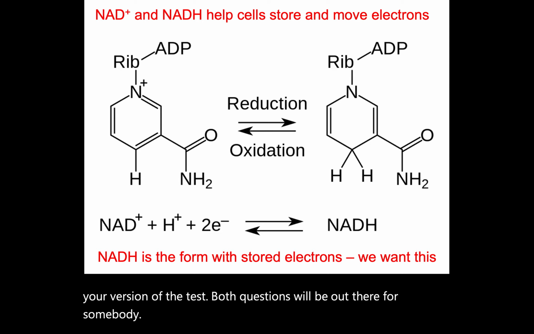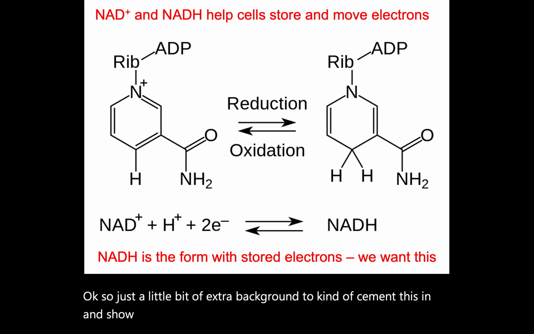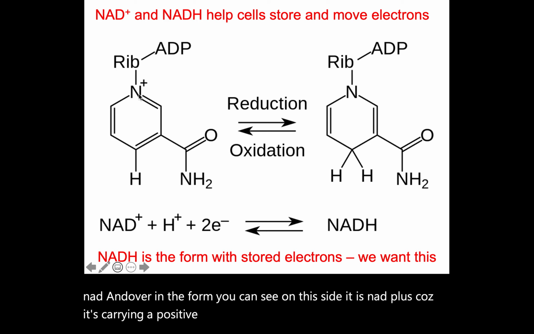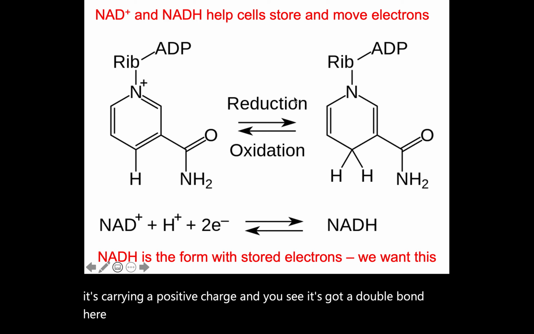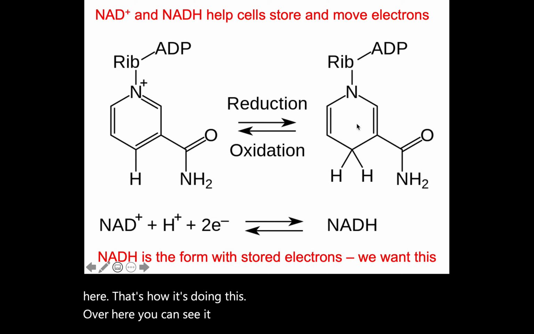Okay, so just a little bit of extra background to kind of cement this in and show you what's really going on there. So this is a molecule called NAD. And over in the form, you can see on this side, it is NAD plus because it's carrying a positive charge. And you see it's got a double bond here. That's how it's doing this. Over here, you can see it is just NADH, and it's picked up an extra hydrogen down here.